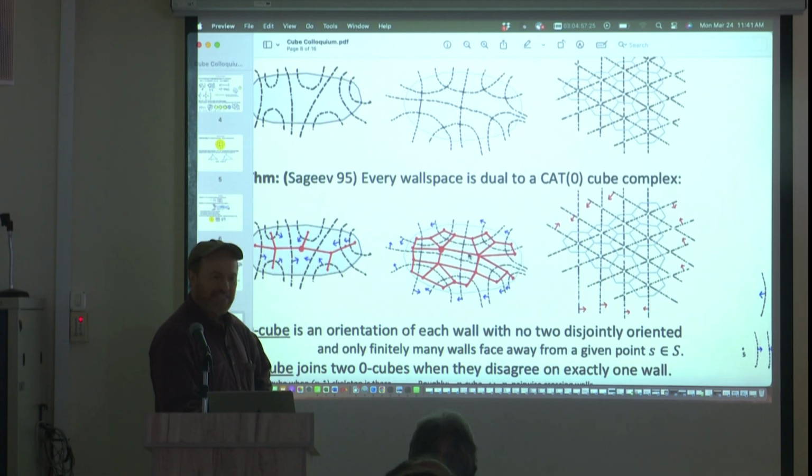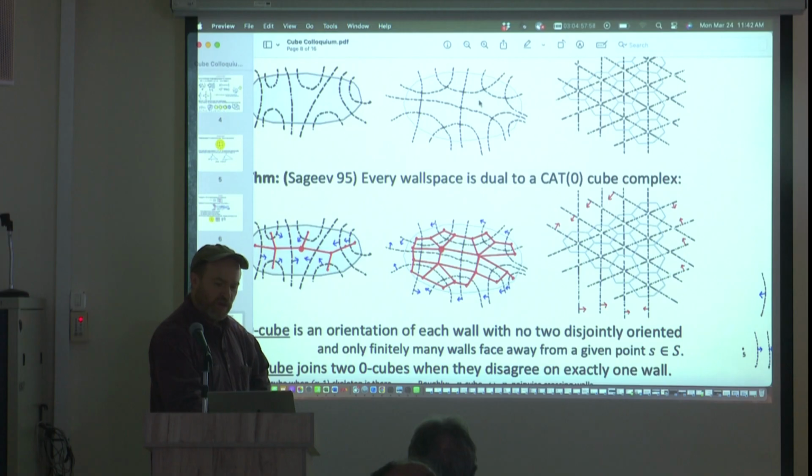Let's start in the middle because it's easier. I have this sort of tiling. Think of it as a tiling. If you have a tiling of a surface, then you know that there's a dual. You take a vertex, a 0-cube, for every region, and when two regions share a common border, then you connect them with a 1-cube, right?